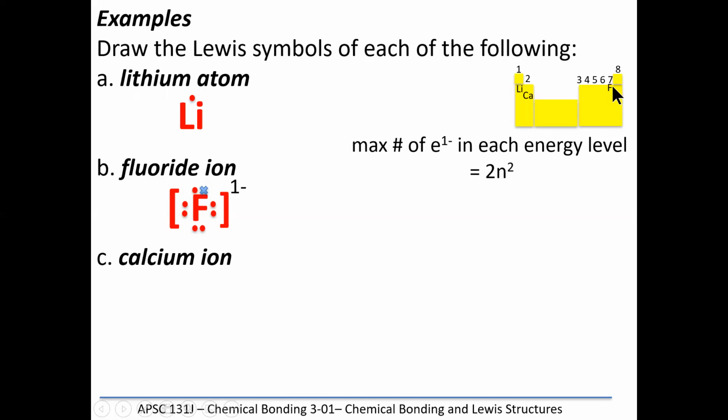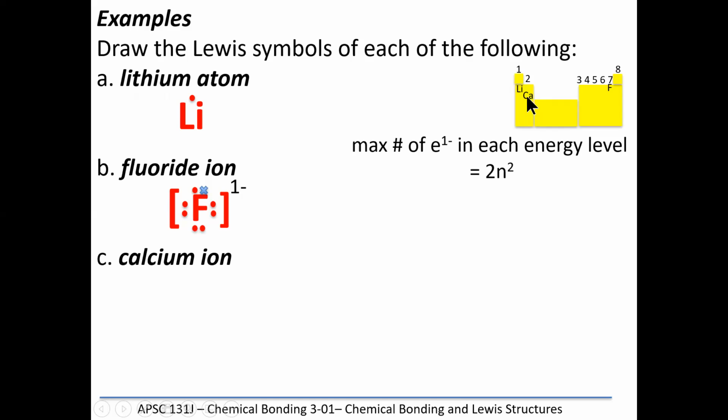It becomes isoelectronic with the nearest noble gas. To do that, it gains a single electron. That nearest noble gas is neon, which is right beside the fluorine atom in the periodic table. So we can show it as an additional electron. You don't necessarily need to show it with a different symbol. You could use the same symbols, and we put the charge outside the bracket.